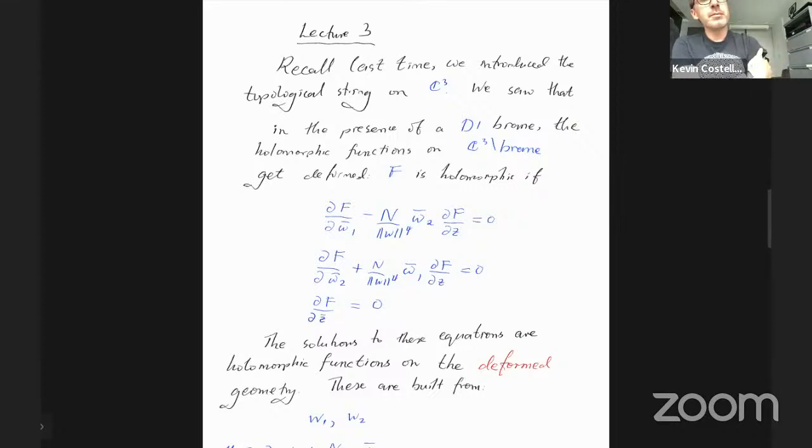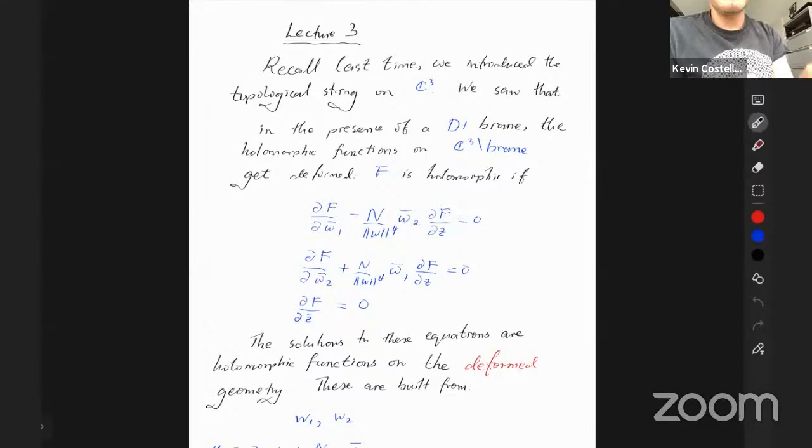When we solve that equation, the geometric role of the Beltrami differential is that it changes the Cauchy-Riemann equations. In our case, in the deformed geometry, the original coordinates were w1, w2, and z.